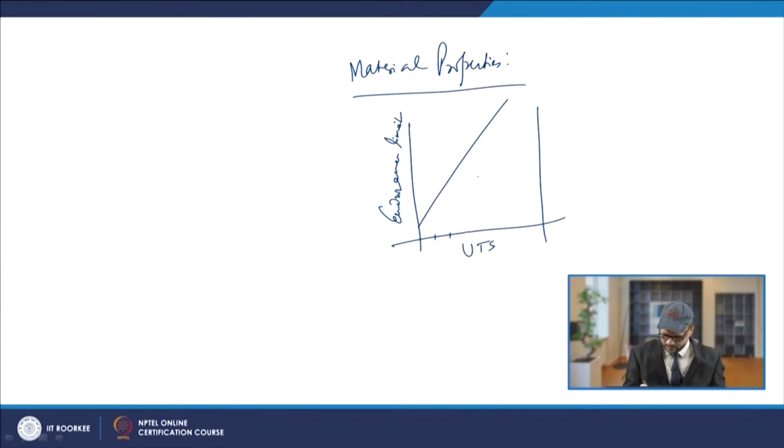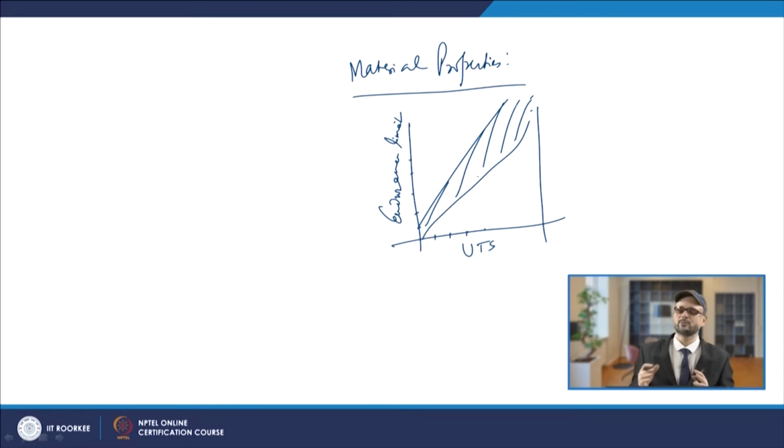Normally if you look at the values, whatever value is here, you will have half of that value. The endurance limit will be half of the UTS values, and that too only when the surface is polished.